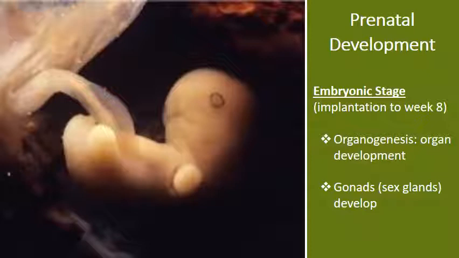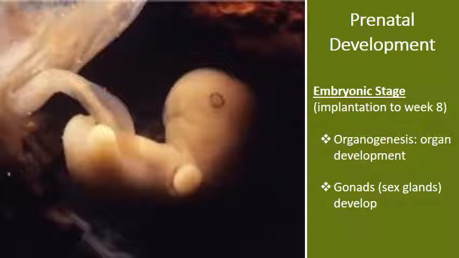So at this point, basic parts of the organs are beginning to develop, including the limb buds, the eyes, the heart, and other organs such as the ovaries in females and testes in males.